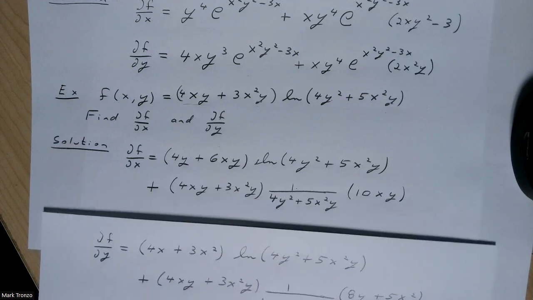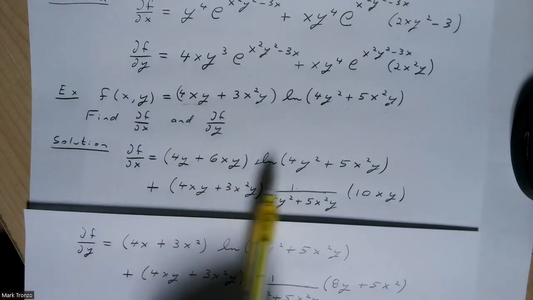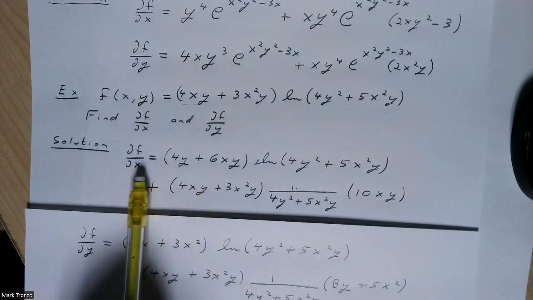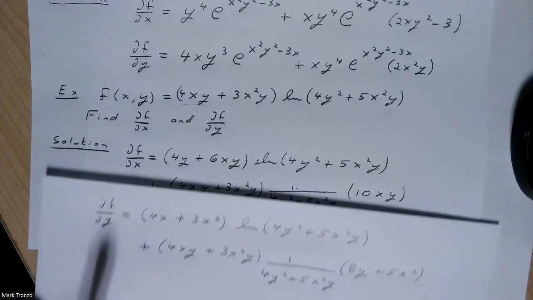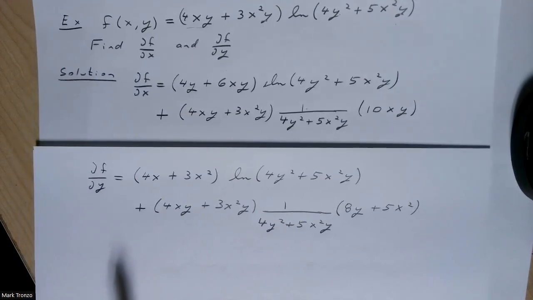And so take a look at those derivatives. Again, this is a product rule, but for this one, we treated everything else except x as constant. For this one here, we treated everything but y as constants.